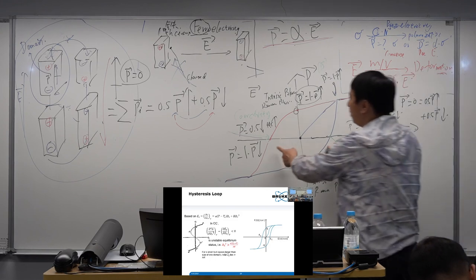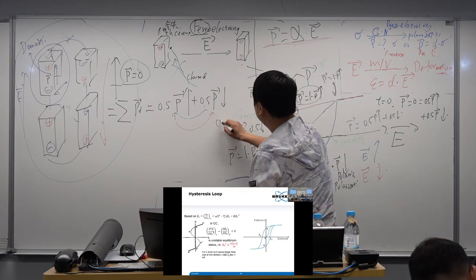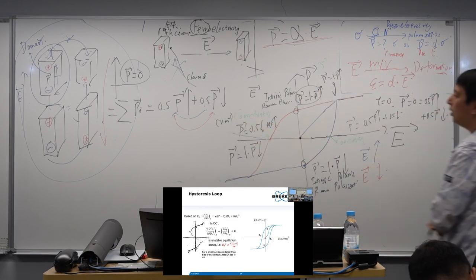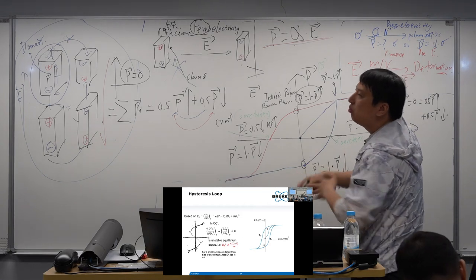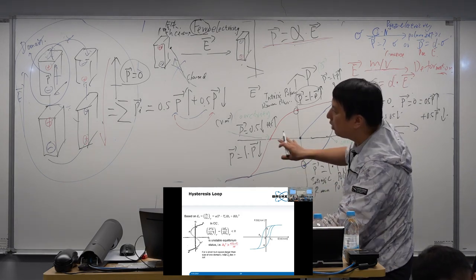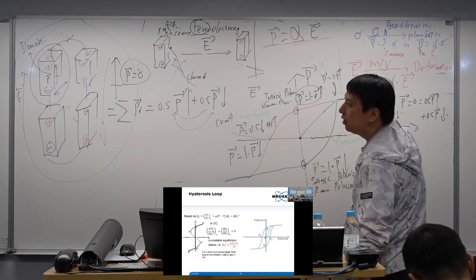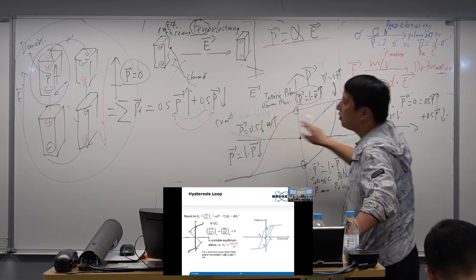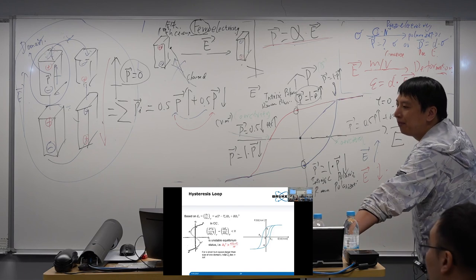And this coercivity has the units of volts per meter because it's the electric field. And when we do experiments, we will not apply the electric field directly. We usually apply a voltage. So once we apply a voltage to achieve this, we will call this coercivity the switching voltage or switching bias.